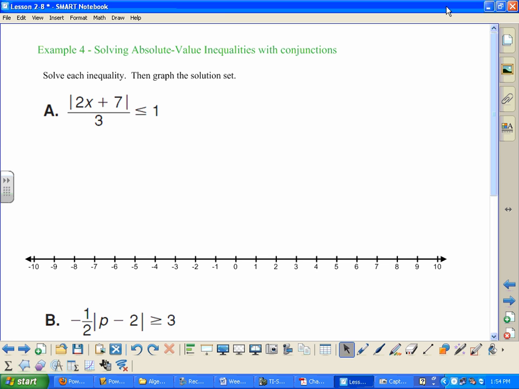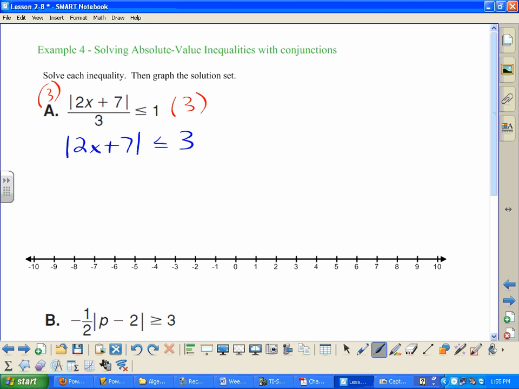It's going to be less than. And is the 3 inside the absolute value or outside it? It's outside it. Since it's outside the absolute value, I need to get rid of that first. So we need to multiply both sides by 3. So we get the absolute value of 2x plus 7 is less than or equal to 3.